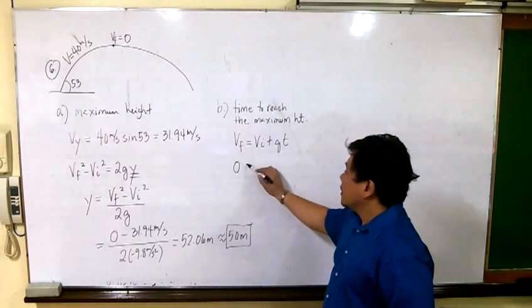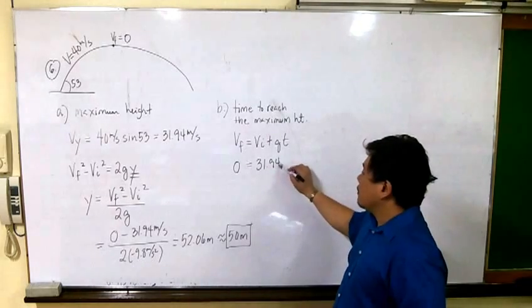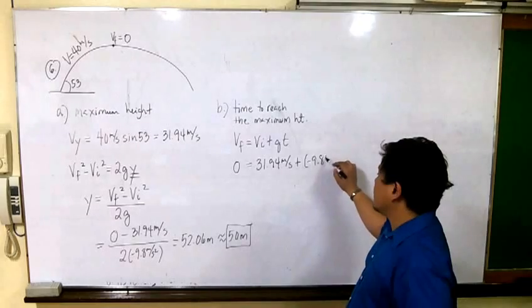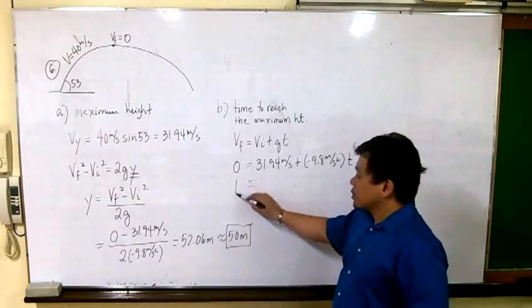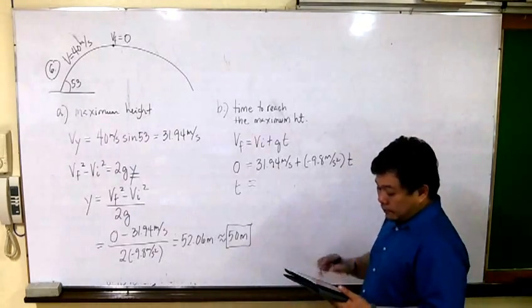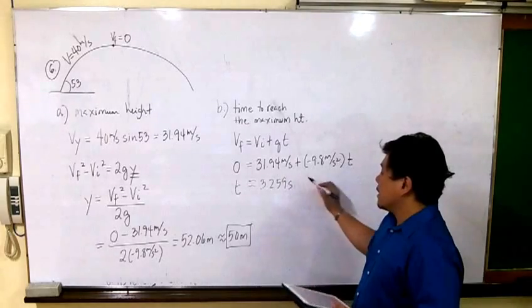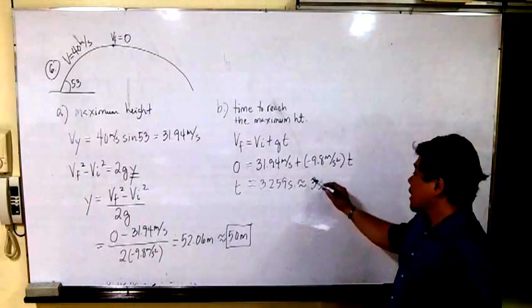So 0 is equal to v sub i, which is 31.94 meters per second, plus the g, negative 9.8 meters per second squared, multiplied by the time. Solving for t, you will get 3.259 seconds, or 3 seconds after rounding off.